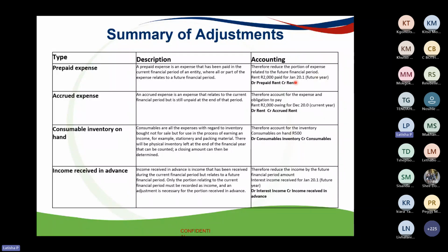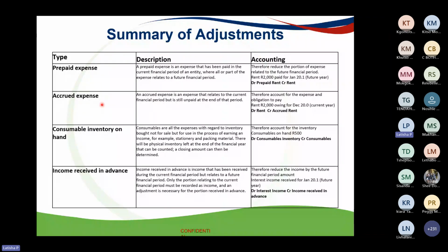So what we would do is we would credit the expense. In this case, the example is rent of 2,000 that's paid for the future year, January 20.1. So in order to reduce it out of our current year, we would credit the expense, which would be rent in this case, and we would debit prepaid rent. So that's an example of a prepaid expense.